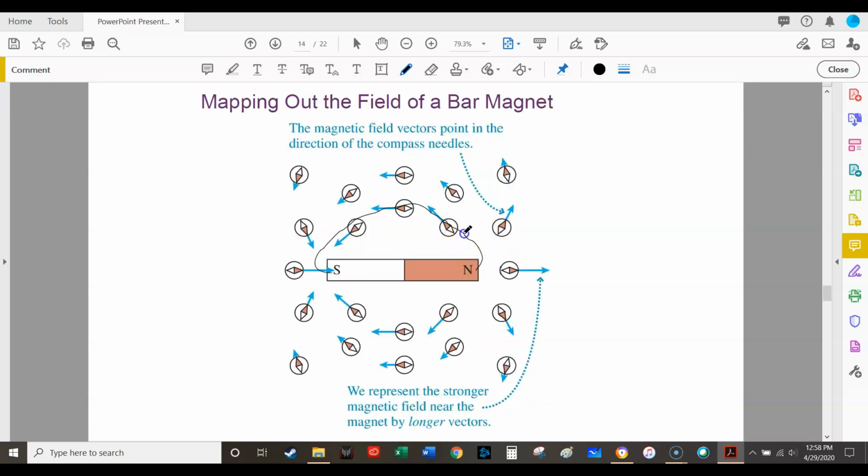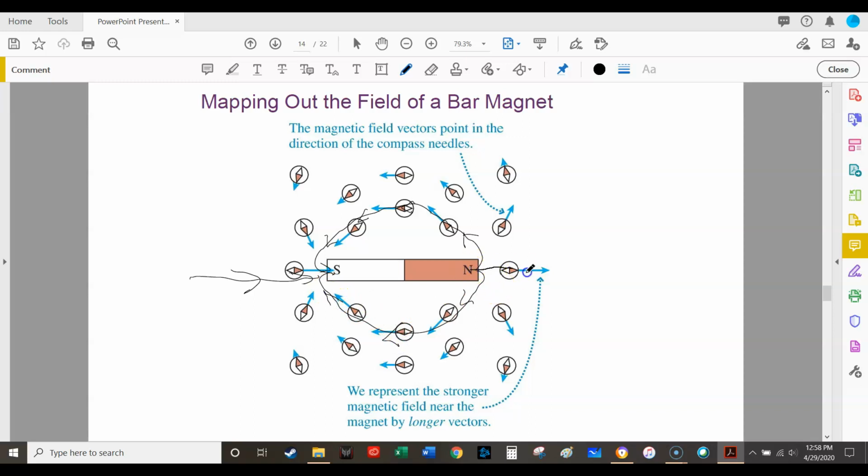And the magnetic field will be pointed away from north and towards the south. And so you get these really cool lines that look like they're emanating from the north and going into the south.